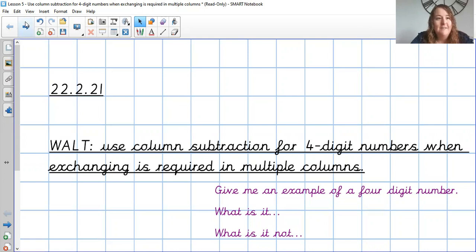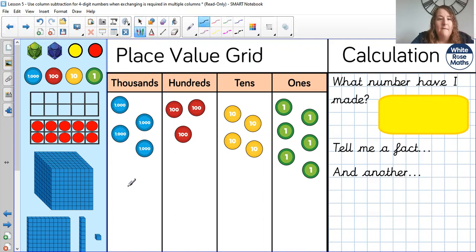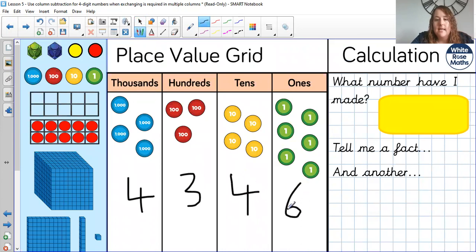Let's get started. Okay, what number have I made here this morning then? Hopefully you can see that we have 4 in the thousands, 3 in the hundreds, 4 in the tens, and 6 in the ones. So we've made 4,346. Can you give me a fact about this one? Can you give me another and another?